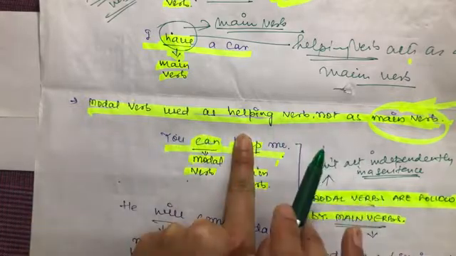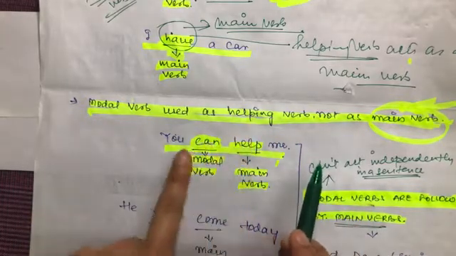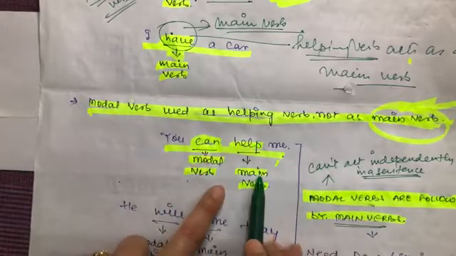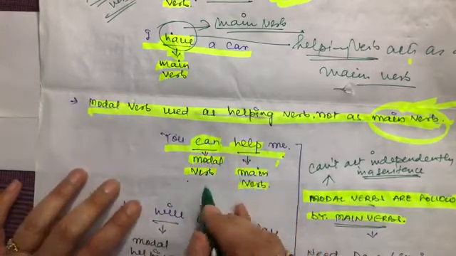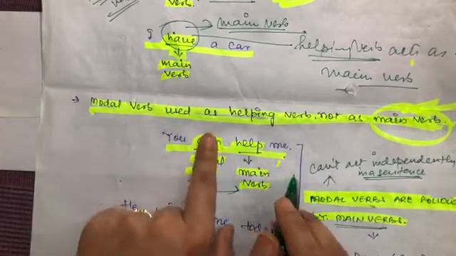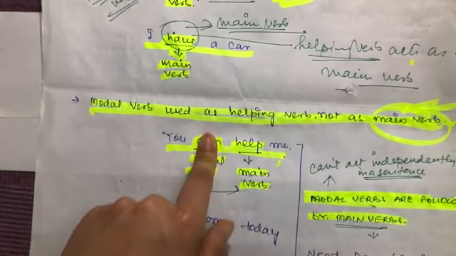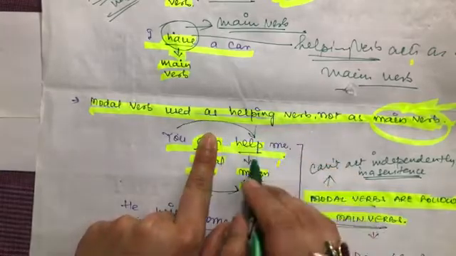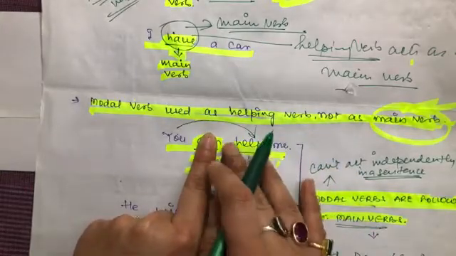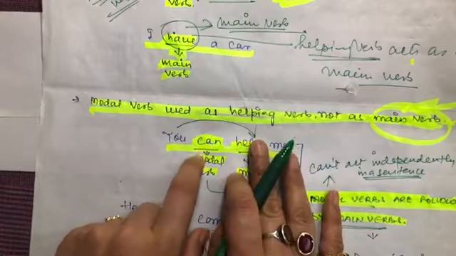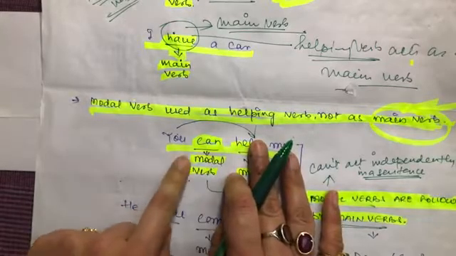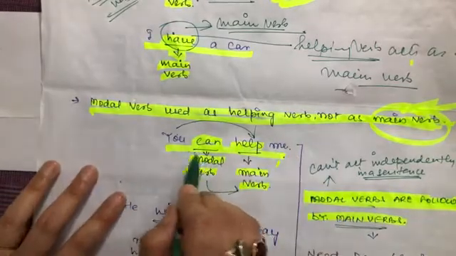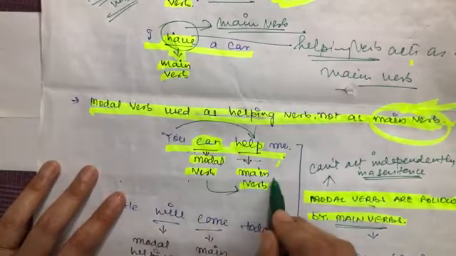No, it is not making any sense. So modal verbs are always followed by a main verb. But if I hide this can and say you help me, it is a complete meaningful sentence. So a main verb may not need the help of a modal verb, but a modal verb always needs the help of the main verb.